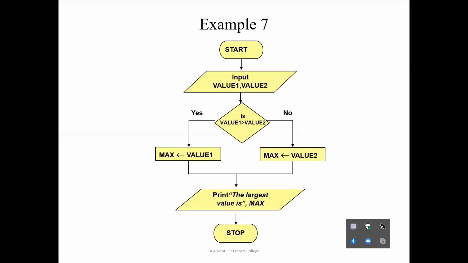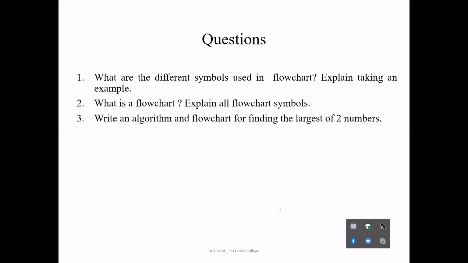Okay. So you are supposed to draw the flow chart and write the algorithm and send it to me. Now, these are the questions which are usually there from this section in the university paper. What are the different symbols used in the flowchart? Explain taking an example.